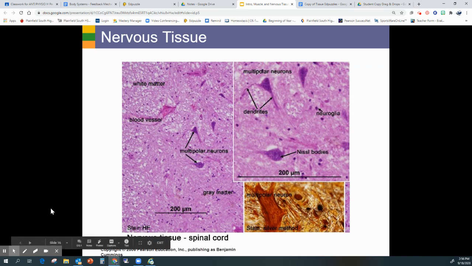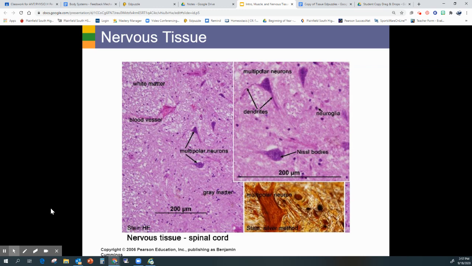We're going to go ahead and finish up there. Big takeaways from today. You need to know the three types of muscle tissue, so know your skeletal, smooth, and cardiac. And you also need to know nervous tissue. Now, I will say that we are going to have a little bit of a cell practical at the end where we'll show you some slides, and you'll have to be able to pick out the different pictures.